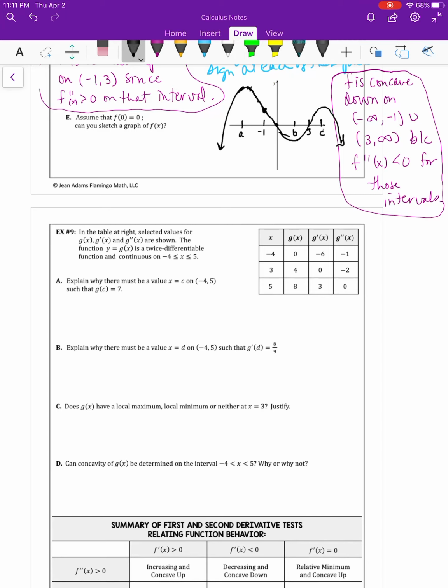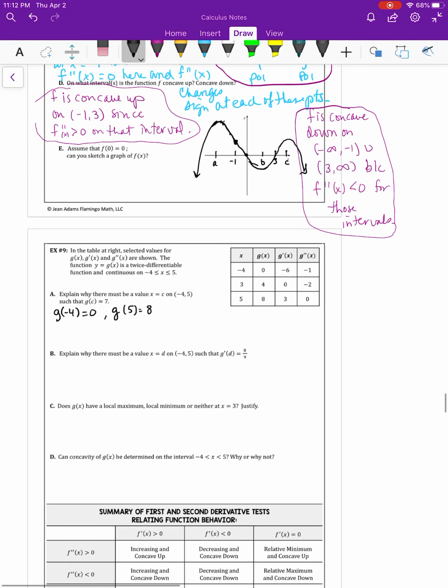So what we're going to look at is what is happening at the endpoints, right? So we're going to say g of -4, and if we look, we see it's 0. And then we're going to look at g of 5. And if we look at that, we see 8.